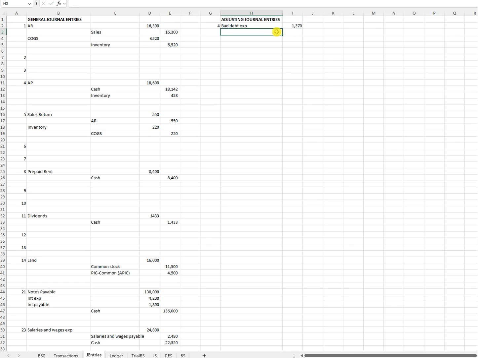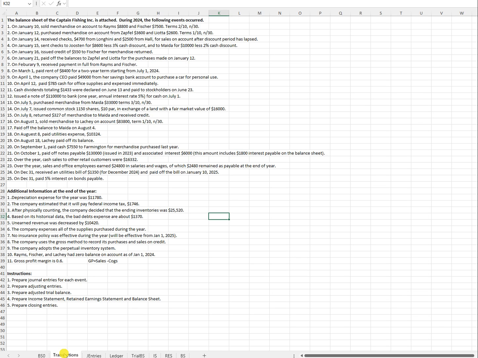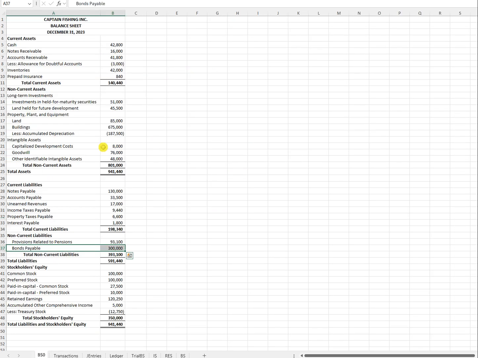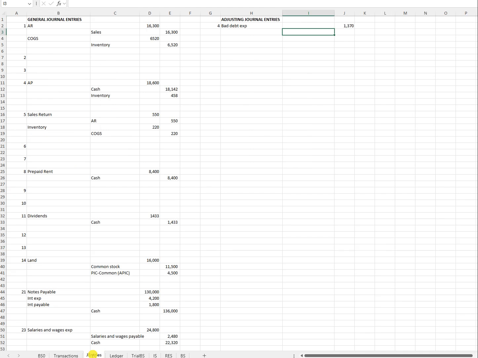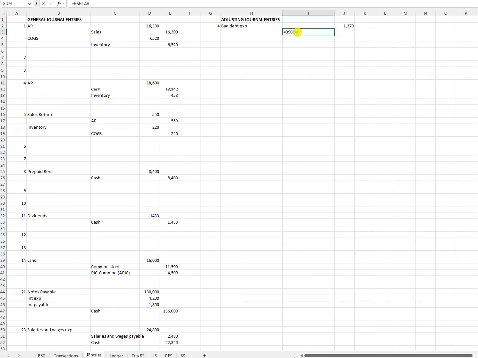And be careful, we're going to credit, okay, I'm going to record here, we're going to credit the allowance for doubtful accounts, which should be available in the previous year's balance. Right, the allowance account will be credited. Yeah, actually I can just link that account. Probably not, right?